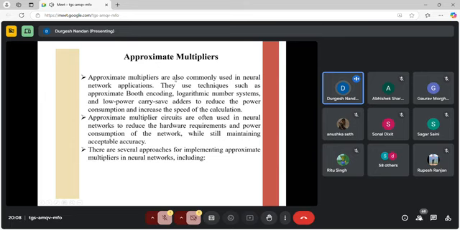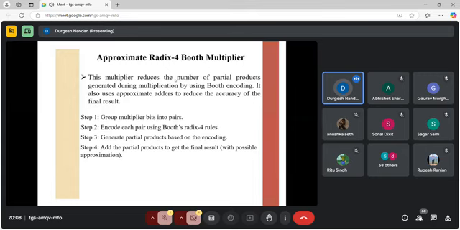Now one by one I will try to explain the various types of approximate multipliers. The first and most popular one is the Booth multiplier. As you are aware, Booth multipliers are implemented by different approaches like radix 4, radix 8, radix 16.